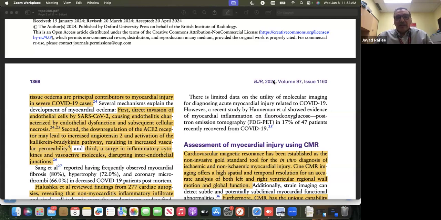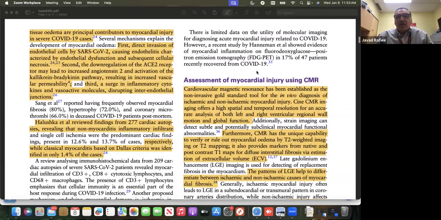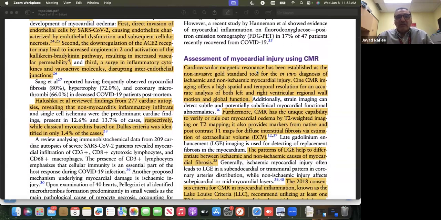The other mechanism for myocardial edema could be endothelial infection and capillary dysfunction and a surge of inflammatory cytokines and vasoactive molecules.